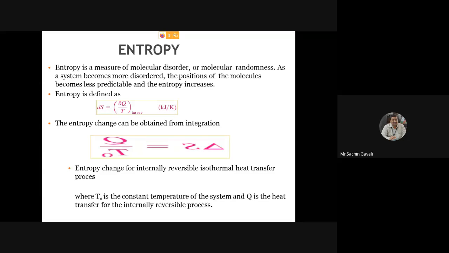Therefore, for a reversible process, this integration of dQ by T is representing a property. So this delta Q by T is coming as a property.